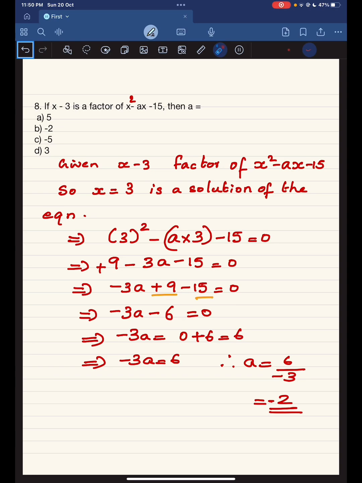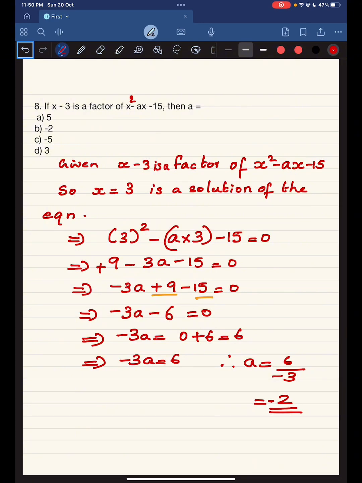Next question is, if x minus 3 is a factor of x square minus ax minus 15, then a is equal to what? Here given x minus 3 is a factor of x square minus ax minus 15. So what does it mean?